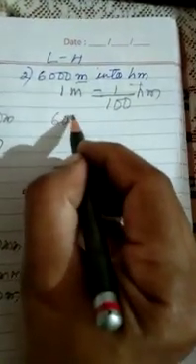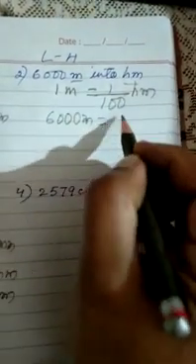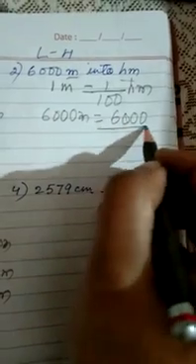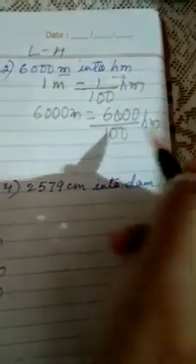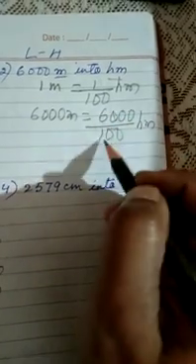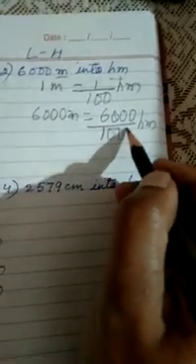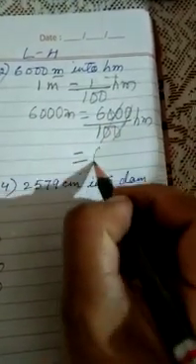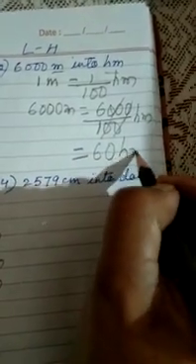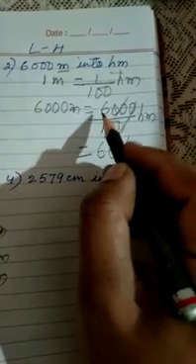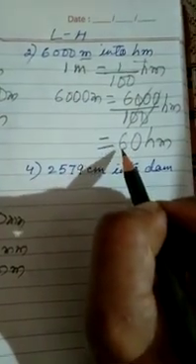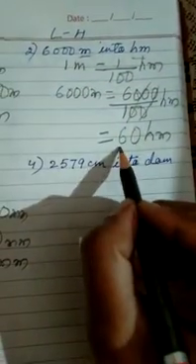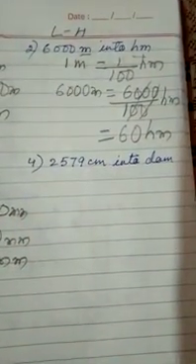So 6000 meter is equal to 6000 by 100 hectometer. Either you can divide 6000 by 100, or you can simply cancel out these zeros. So here we have 60 hectometer. So here we have divided, in the conversion of lower to the higher unit. 6000 meter is equal to 60 hectometer.